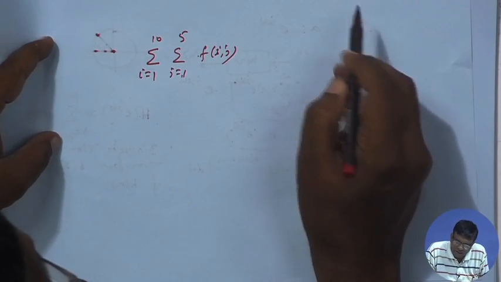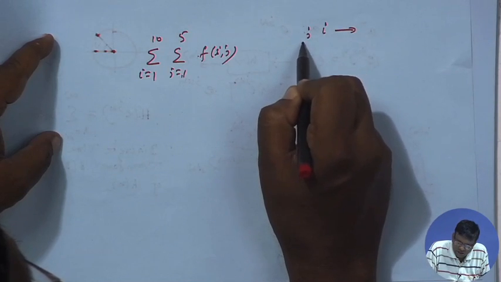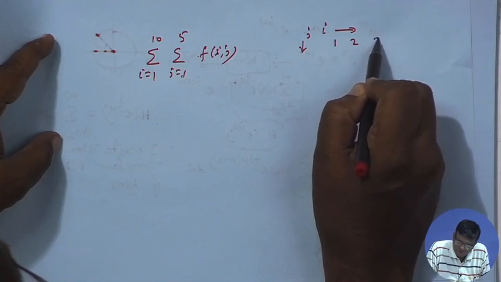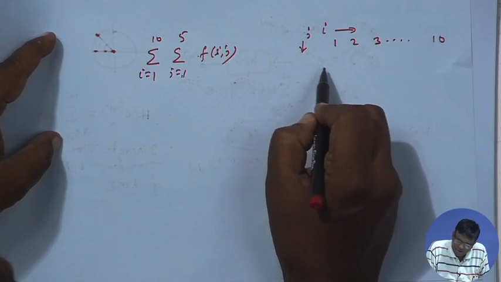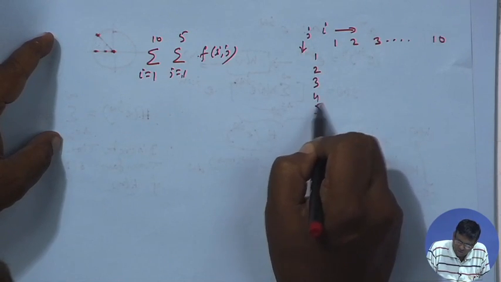But you see, it is like this: i and j, i is 1, 2, 3, up to say 10, and j is 1, 2, 3, 4, 5.